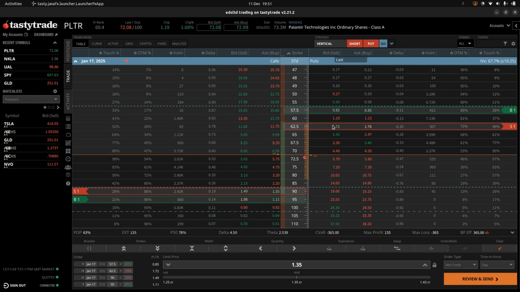So what we've now done is we've created a range for ourselves. We've got a range between our short strikes, as normal. But there's nothing covering our short contracts, which is why we have an unlimited max loss, which is why our buying power is so high. It's based off of CVAR, where your buying power gets calculated from.